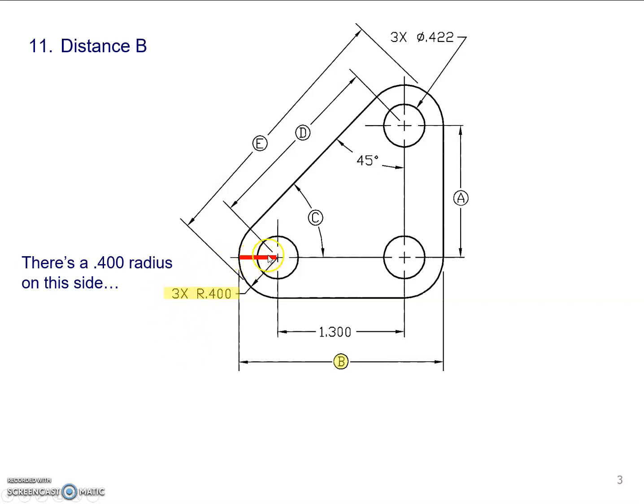So you know there's a 400 thousandths radius on one side, and there must be a 400 radius on the other side, and you are already told that it's 1.3 from center to center. So that means distance B is radius 400 plus 1.3, 1 and 300 thousandths, plus 400, and they add up to whatever B is.